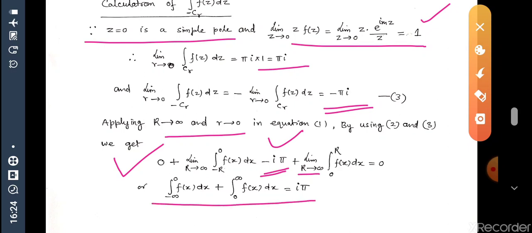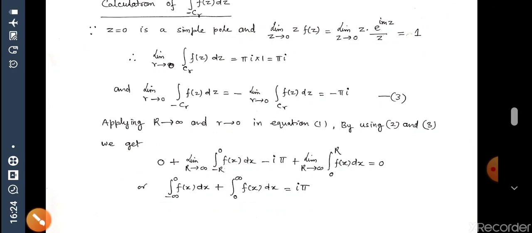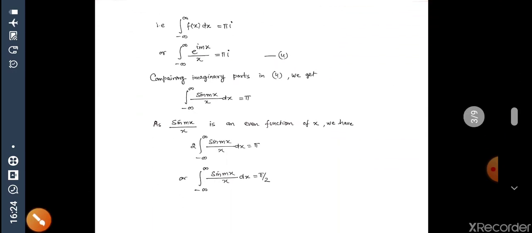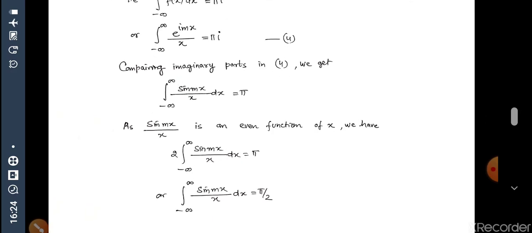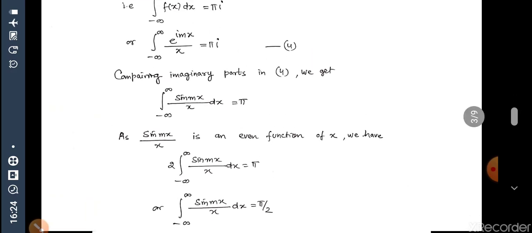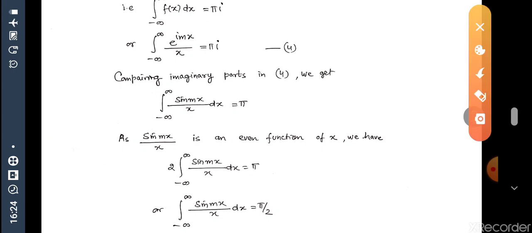So this integration is written as integral from minus infinity to 0 of f(x) dx plus integral from 0 to infinity of f(x) dx equal to iota pi. The value of integration from minus infinity to infinity of f(x) dx equals pi iota.